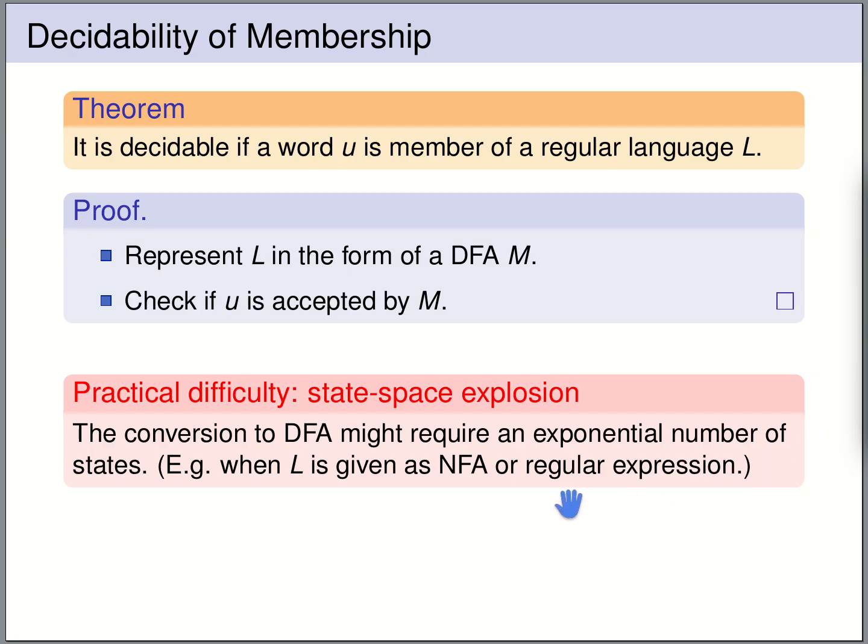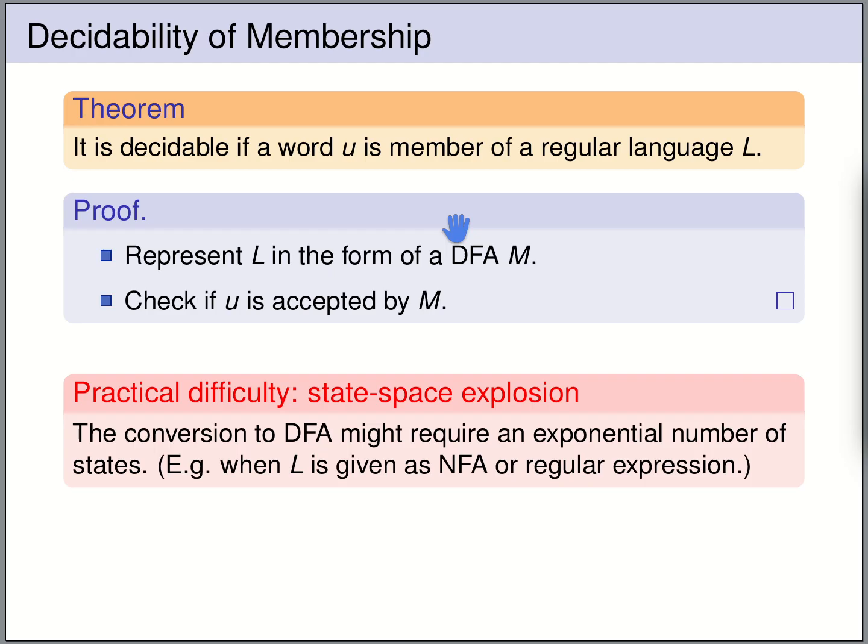If our regular language is given in the form of a non-deterministic finite automaton or a regular expression, then the first step, namely the conversion into a deterministic finite automaton, can yield an exponential increase in the number of states. Why is that?